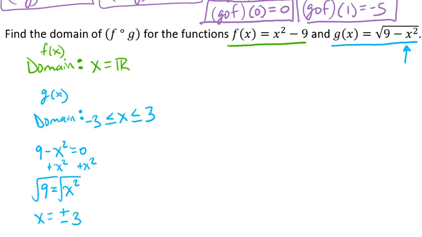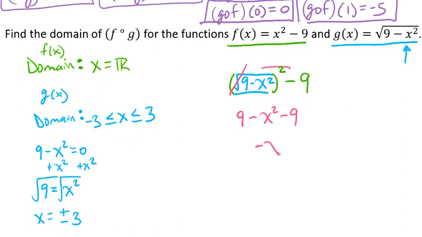So let's go ahead and do our composition now. We write down our f of x, leaving the x blank, and then inside of there we'll write our g of x. So square root of 9 minus x squared, and because we have a square root and a square, those will cancel each other out, and that's going to leave us with 9 minus x squared minus 9, which will be a negative x squared.